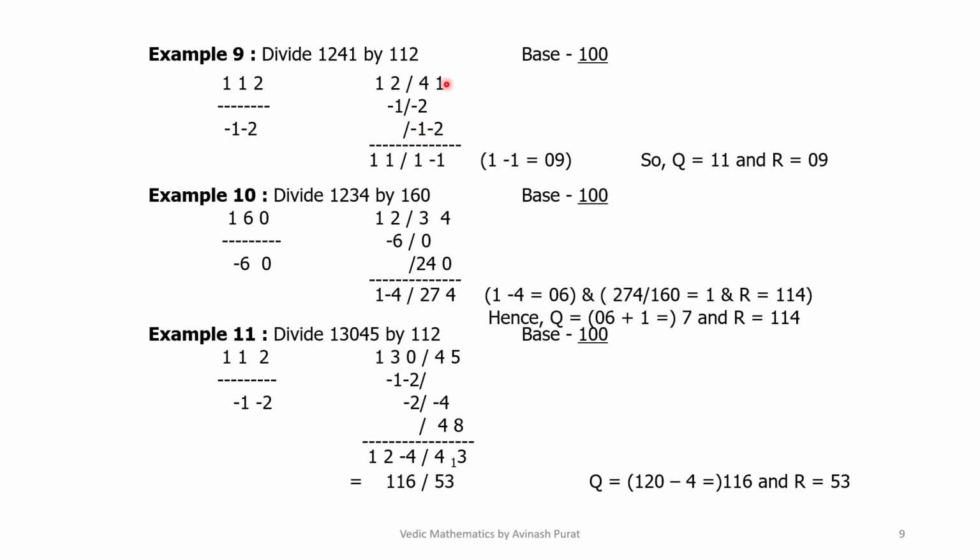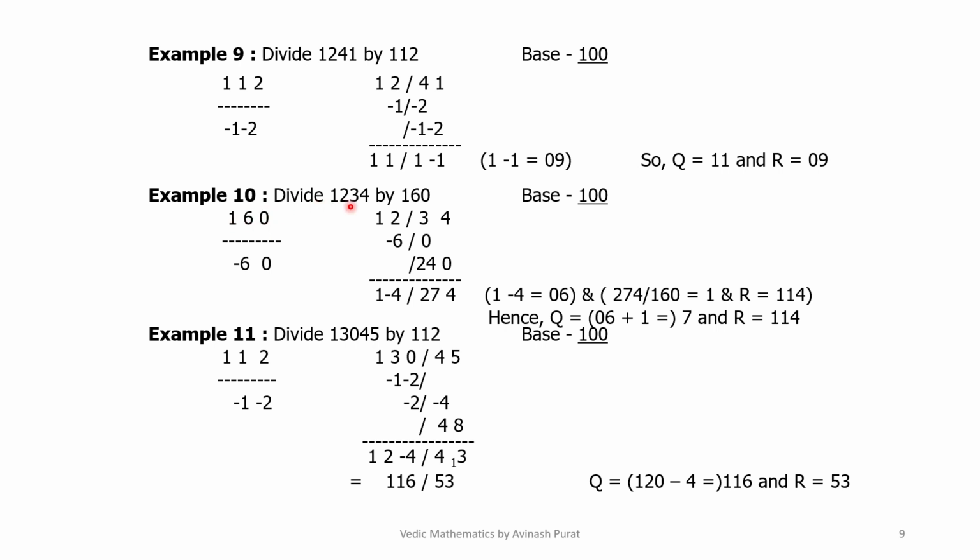Now 1 minus 2 is minus 1, 4 minus 2 minus 1 is 1. So 11 stroke 1 minus 1. Now 1 minus 1 is 0 9. So quotient is 11 and remainder is 09.